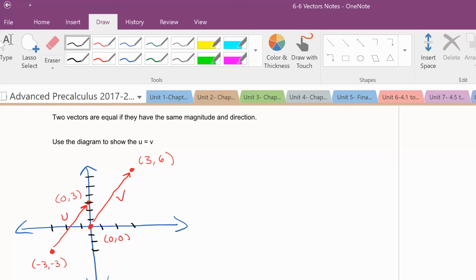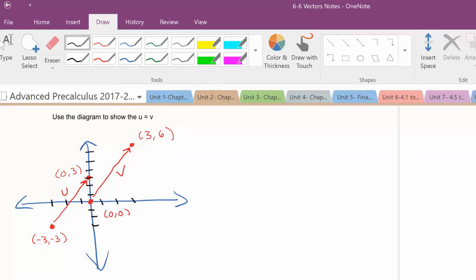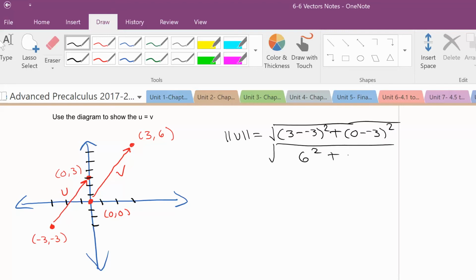So here we have a diagram, and we're going to show that vector u is equal to vector v. So first we have to find the magnitude of u, and that's by doing the distance formula. So we go 3 minus negative 3 squared plus 0 minus negative 3 squared. 6 squared plus 3 squared is 36 plus 9, which is 45.